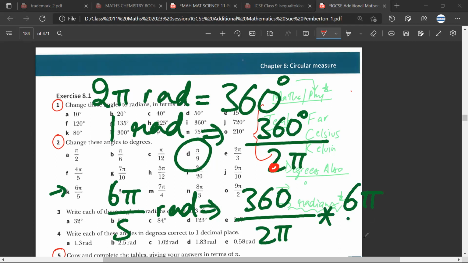Same steps. There's a cancellation here, and there is a cancellation here. So this would be 216 degrees. Any doubt? Okay. So let me take just another example so that you are comfortable.